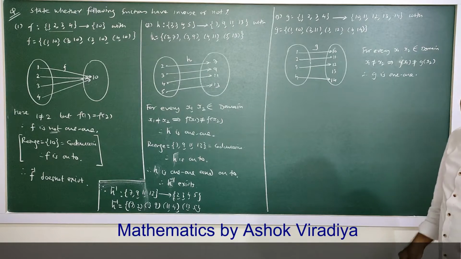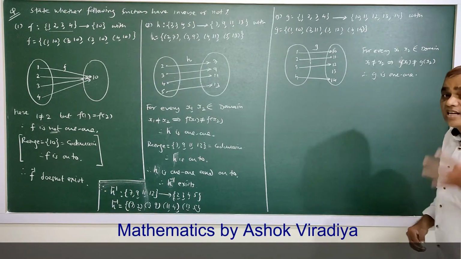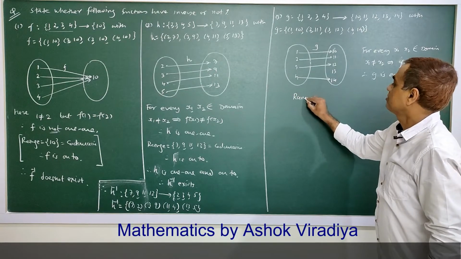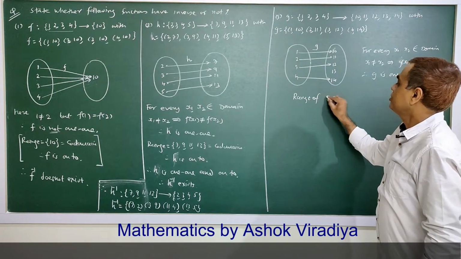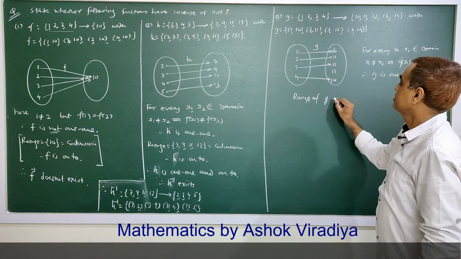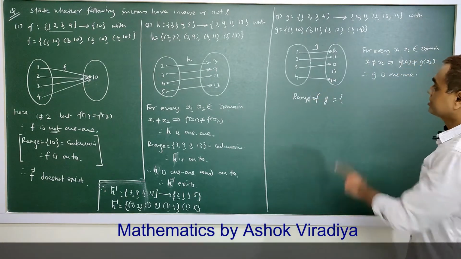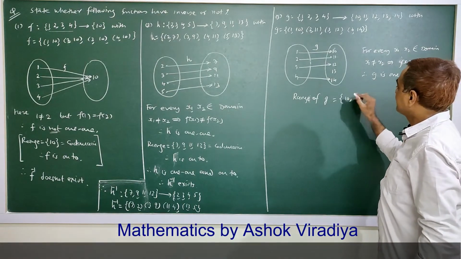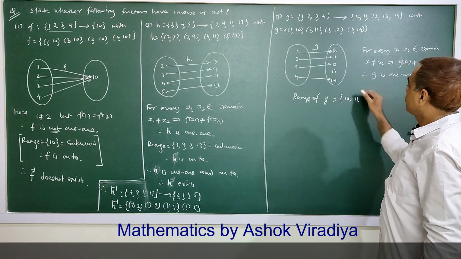Now we check ontoness. For ontoness, check the range. So the range of function g is the set of images. So range contains 10, 11, 12, 14.